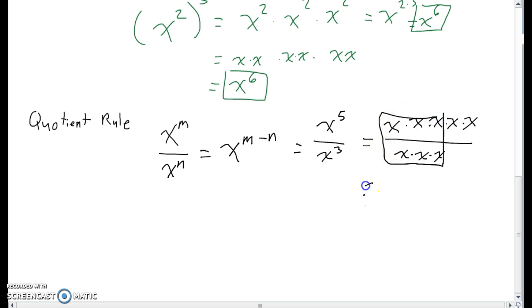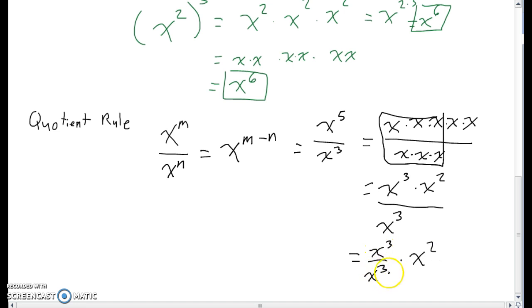Another way you might write this is x to the cubed times x squared, using our product rule. That's the same as x to the fifth over x cubed. So we get x cubed times x squared over x cubed, and you may be able to break that apart: x cubed over x cubed times x squared. Anything over itself just becomes 1, and so this is just x squared.